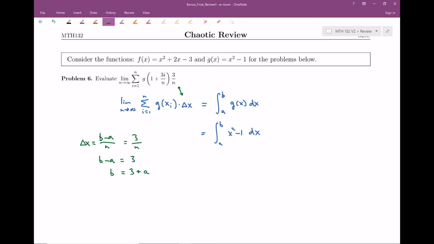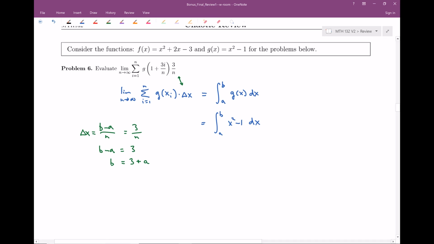Okay, so how about this x sub i business? Hopefully the thing that we're plugging in here is x sub i. Remember, x sub i is supposed to be equal to a plus i delta x. That was the formula for x sub i. So a plus i, and my delta x in this case is 3 over n. Now in our specific situation, we have 1 plus 3i over n.